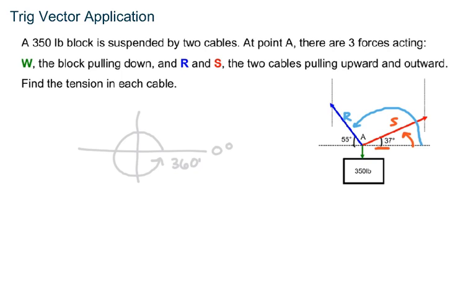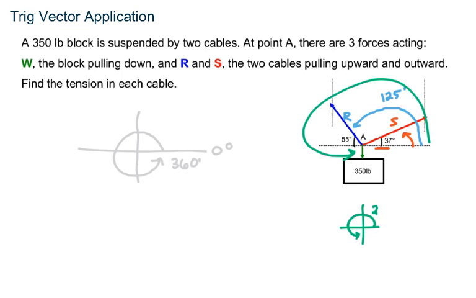So that would be 180 minus 55, which gives us 125. 125 plus 55 sum to 180. So we're going to be needing to use that 125 angle measurement as well as a measurement all the way around to that 350-pound weight pulling down.